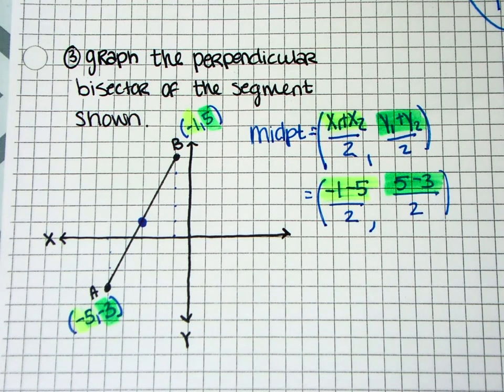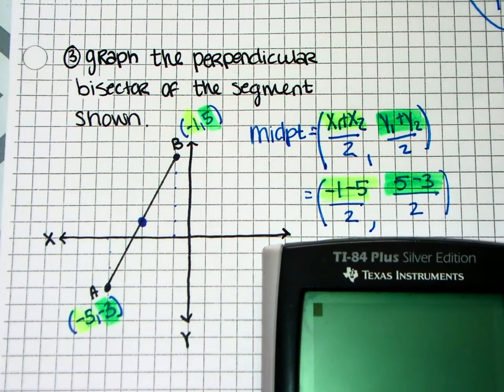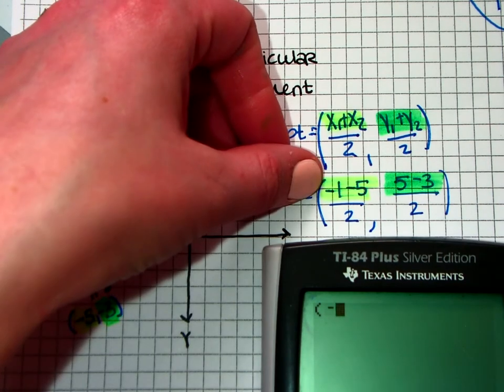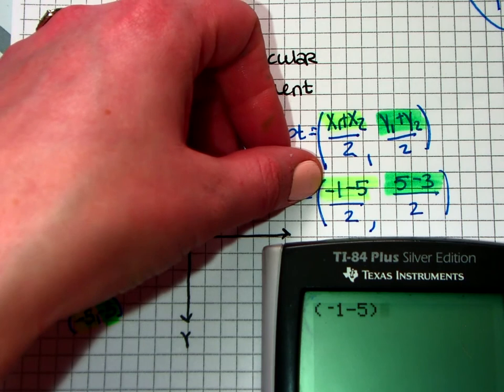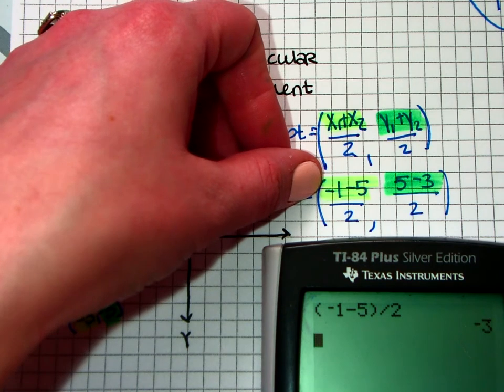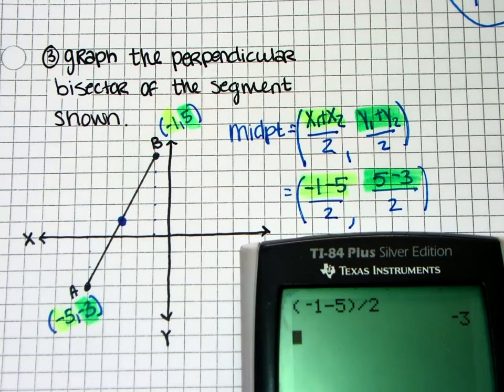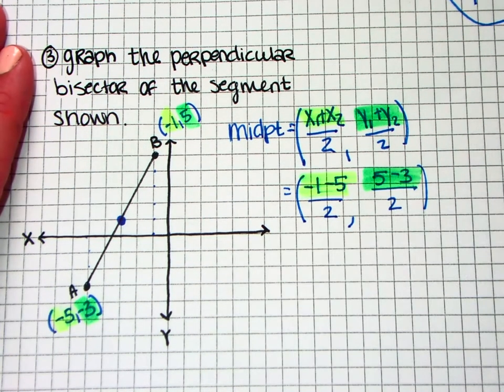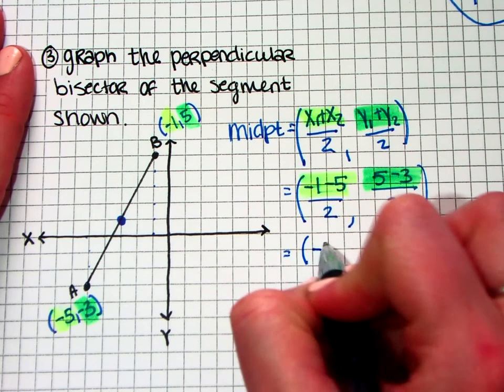If I'm going to type this into my calculator, I am more than happy if you do that, but you have to make sure that you're putting the top in parentheses. So I'm going to do -1 minus 5, close parentheses, divide by 2, and I get -3. You have to put it in parentheses or your calculator is only going to divide the -5 by 2. So be careful. So I'm going to get -3.